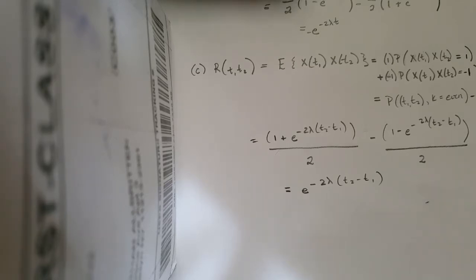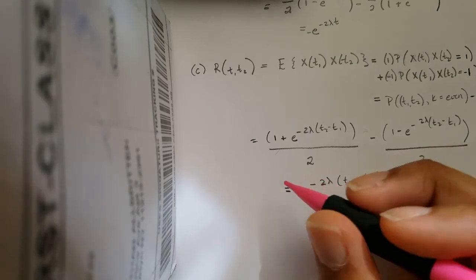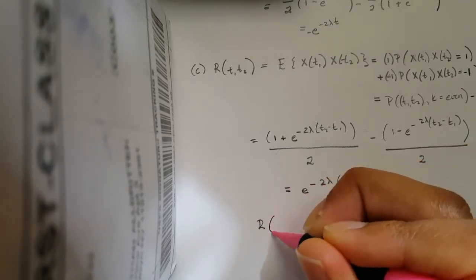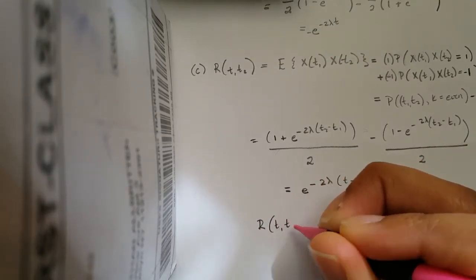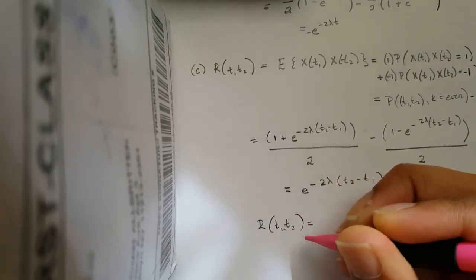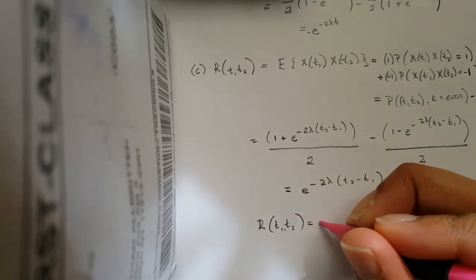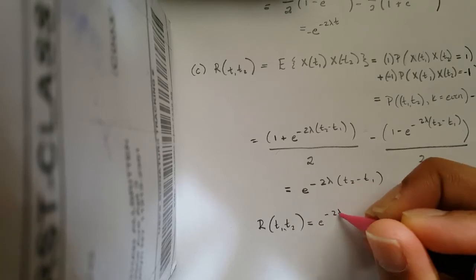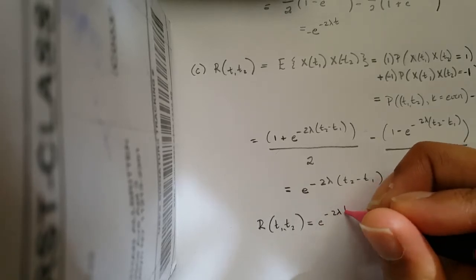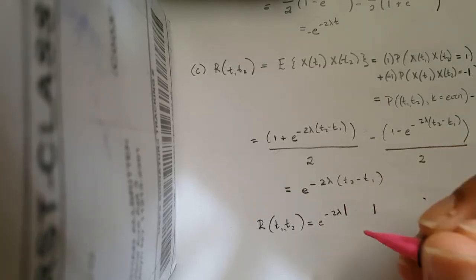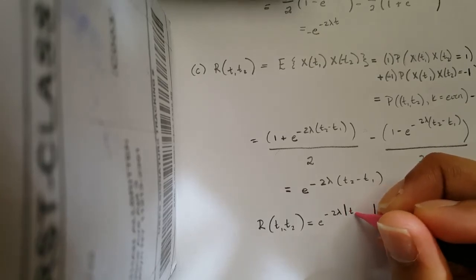And then if we take into account whether t2 is greater than t1 or less than t1, we can say that R of t1, t2 is equal to e to the negative 2 lambda times the absolute value of t1 minus t2.